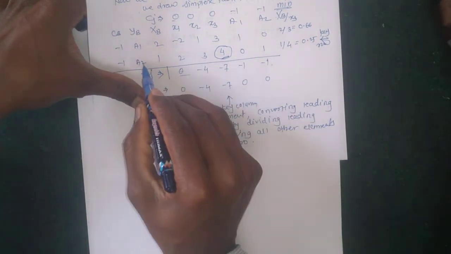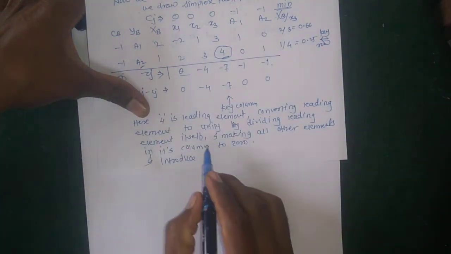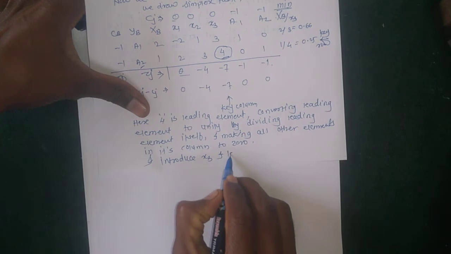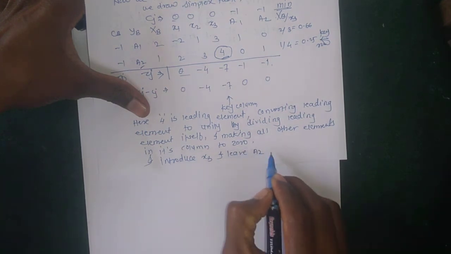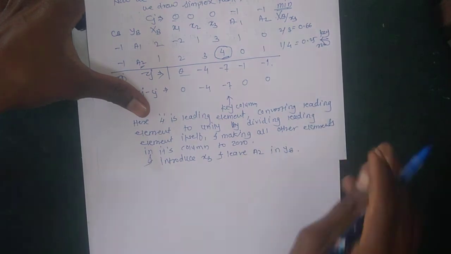Okay, the key column is introduced in the basic variable. Okay, in the basic variable column introduce x3 and leave a2 in yb.